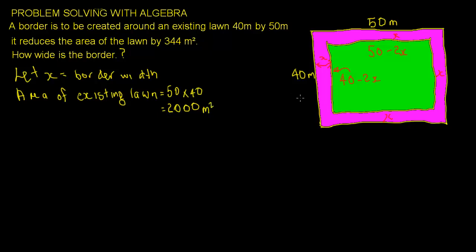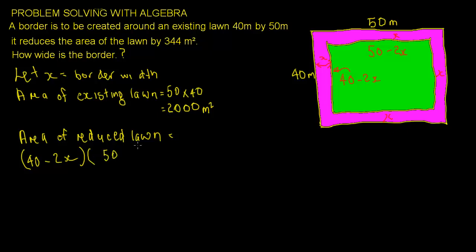meters squared. Now, the area of the reduced lawn, I'm going to write that under here actually, will be 40 minus 2x times 50 minus 2x.